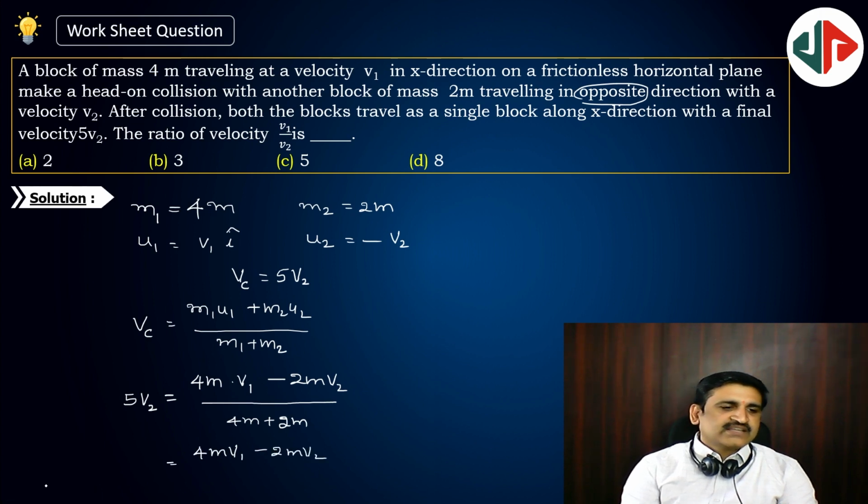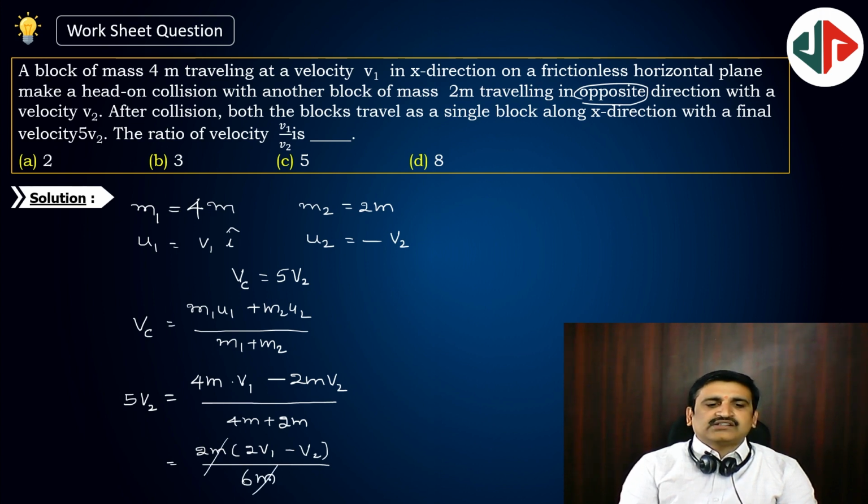We'll simplify a little, that will be better. 2m you can take common. So this will be 2m(2v1 minus v2) by 6m. So m gets cancelled. So this will be 3, 2 also gets cancelled. Once here and thrice here. And this is 5v2 as usual.